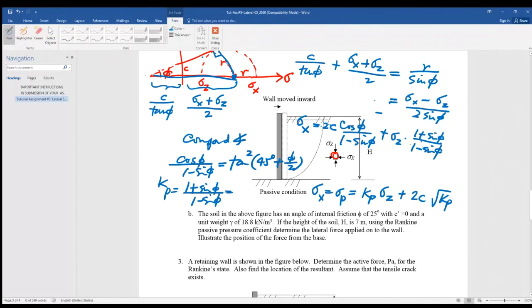Or equals to tangent squared of 45 degrees plus phi over 2. Okay? So those are the main steps. How can you derive this expression, right?